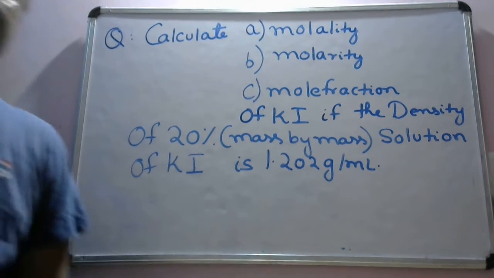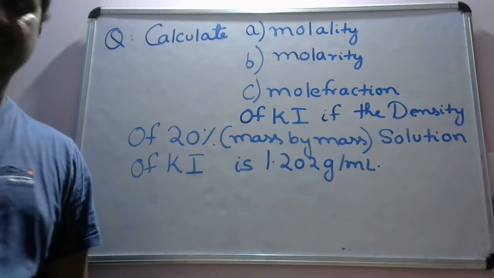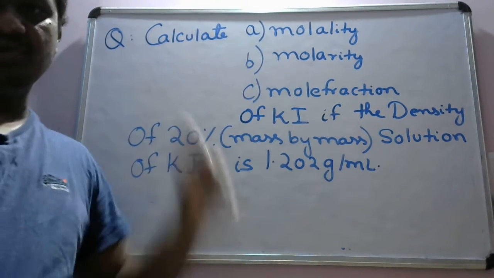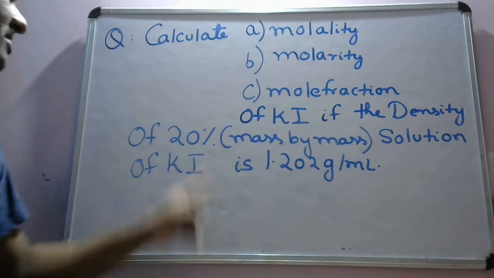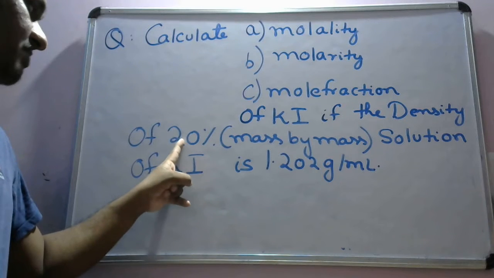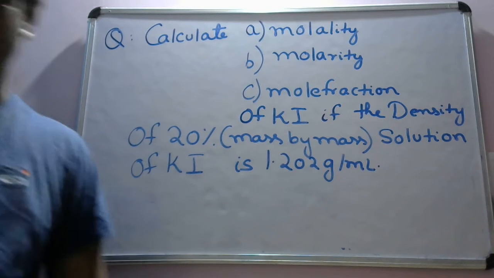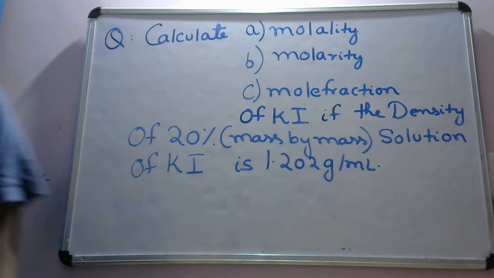So it is asking to calculate three things: molality, molarity and mole fraction, and the mass by mass percentage and density is given to us. Now first we will note down the question, then I will start solving it.